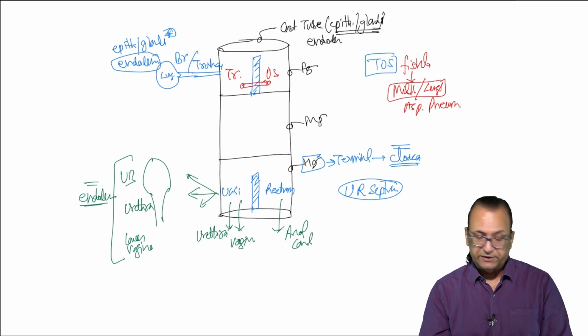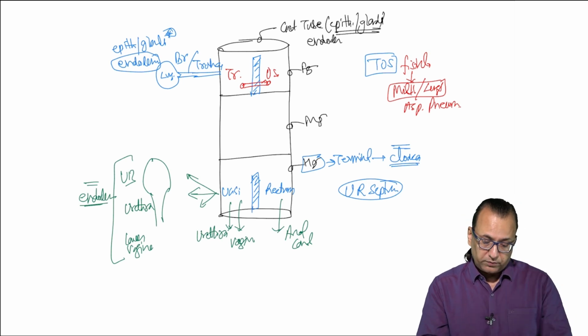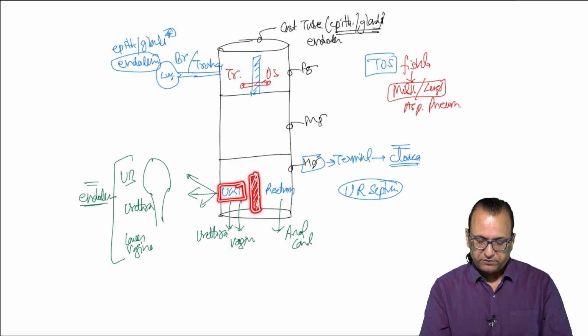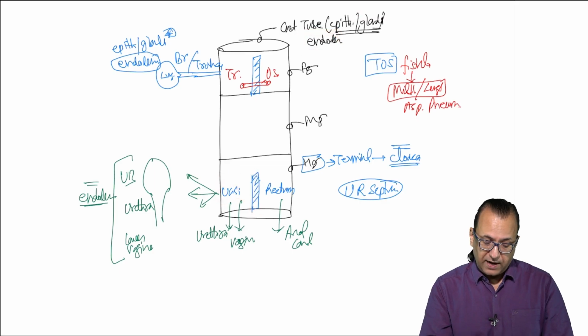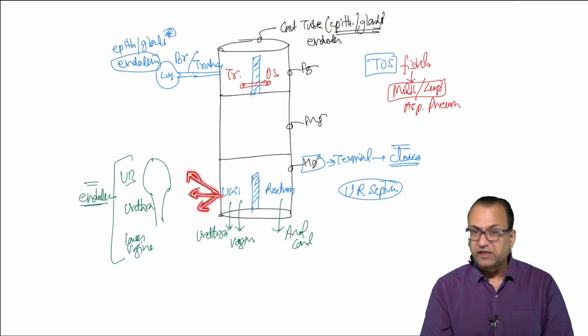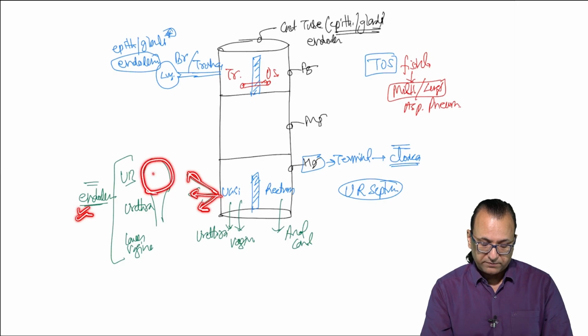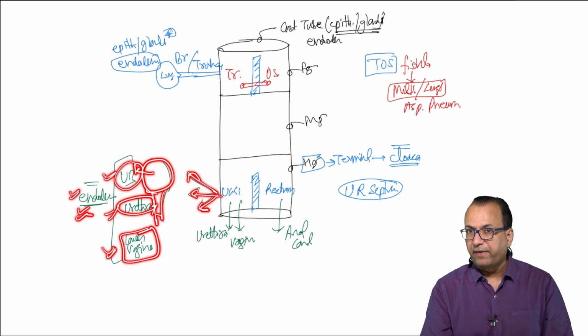So in front of the urorectal septum, we have the urogenital sinus, which is of course from the endoderm of the hindgut. And the three derivatives of the endodermal urogenital sinus are urinary bladder, the urethra and the lower vagina. So they are all lined by endodermal epithelium and glands. Comes as a question.